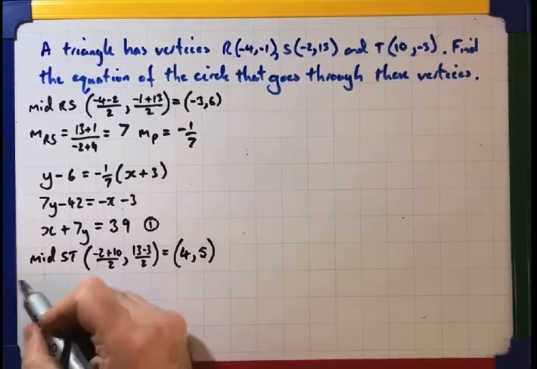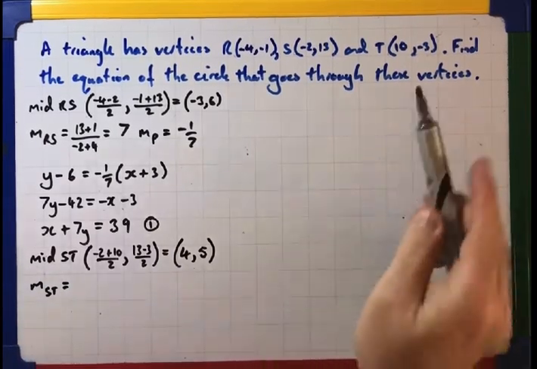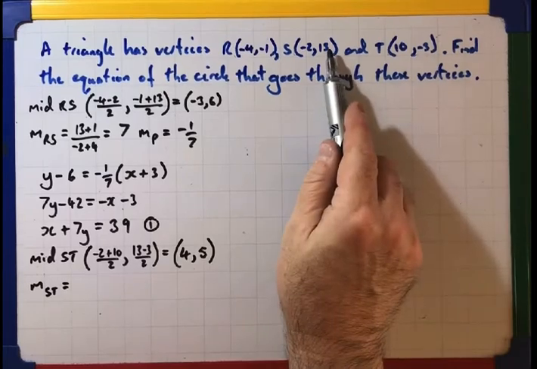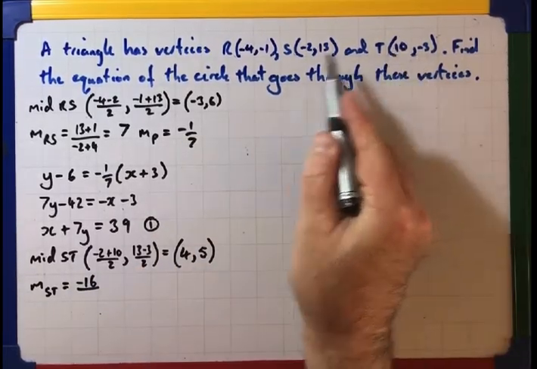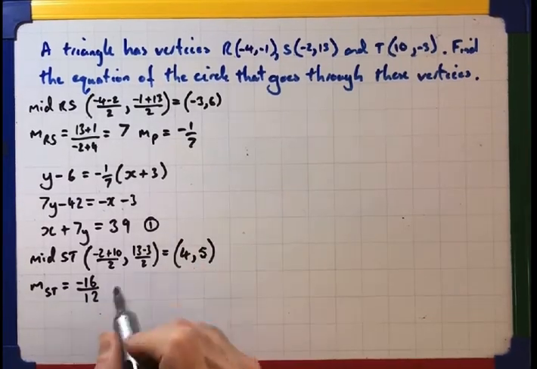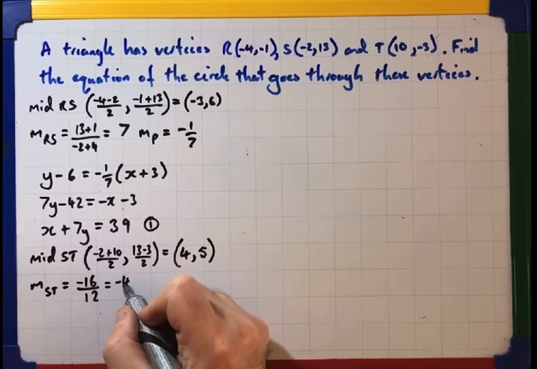For the midpoint, the gradient. So, gradient, we've got minus 3 minus 13 is minus 16. Then we've got 10 plus 2 is 12. Okay, if we work that out, that gives you minus 4 over 3.